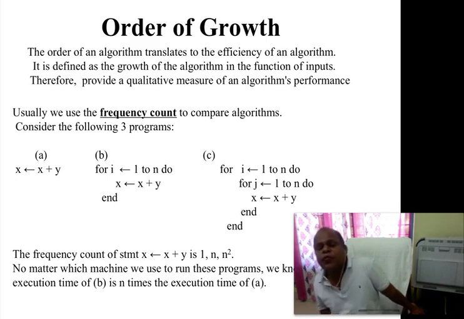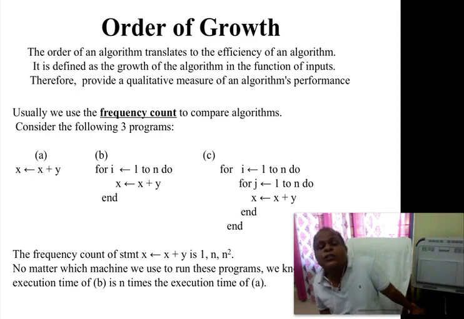It is independent of the value of n. But in the second example, the addition x = x + y happens how many times? n times, from 1 to n. But in the third example, the addition x = x + y happens how many times? n square times.